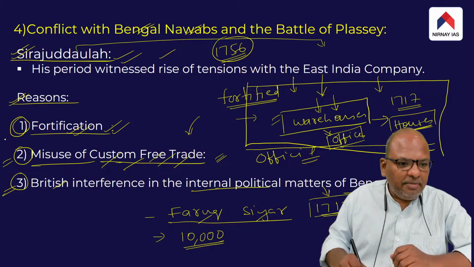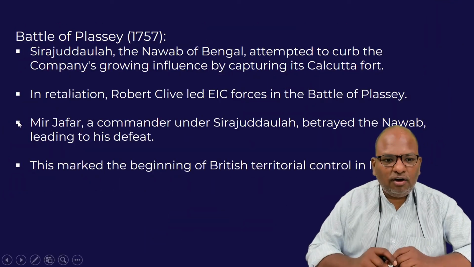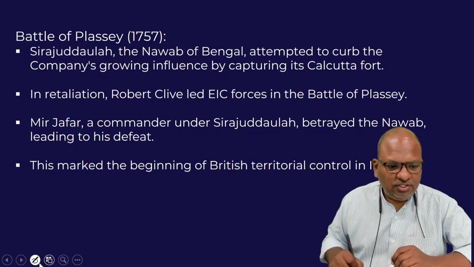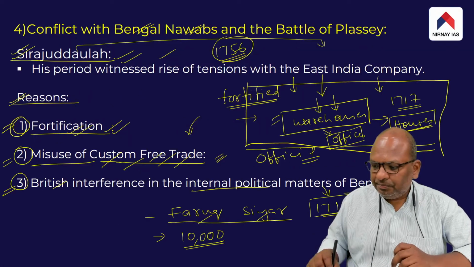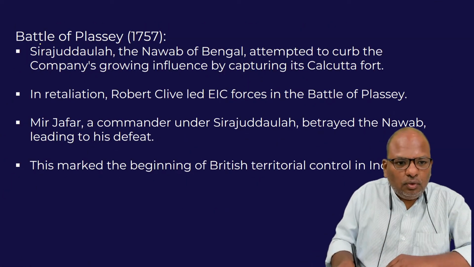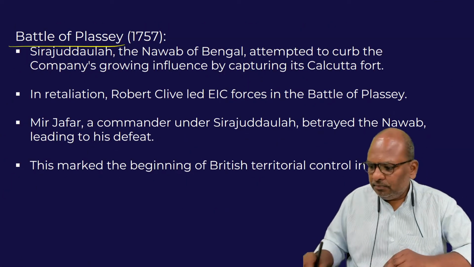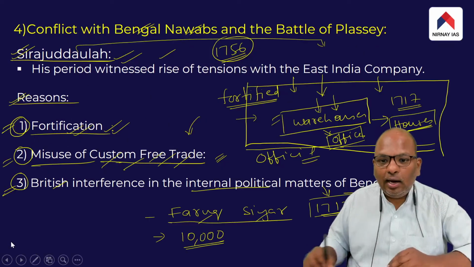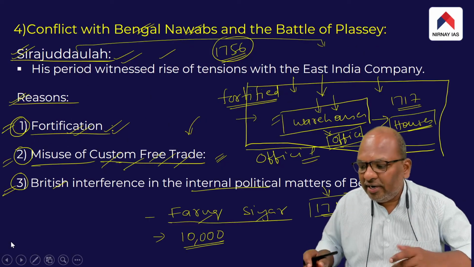And these three became reasons for the outbreak of a conflict between Siraj and the British. And this conflict eventually led to a war known as the Battle of Plassey. So the point is, I'm trying to explain how the British went about conquering different territories of India.